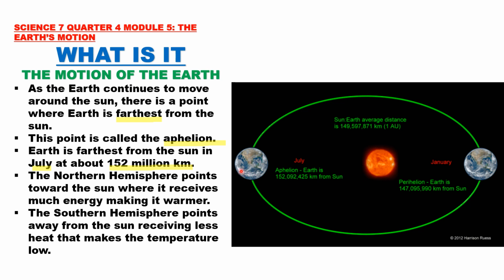The southern hemisphere points away from the sun, receiving less heat that makes the temperature low. When our planet reaches aphelion in July, it will be 152 million kilometers away. Perihelion and aphelion don't cause the seasons, but they do affect the length of the seasons.